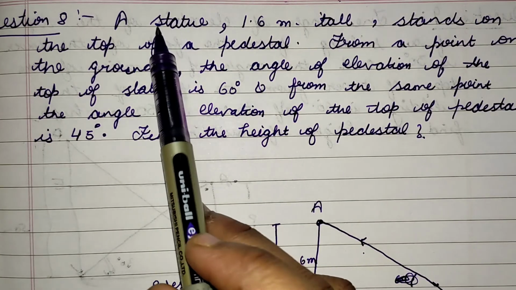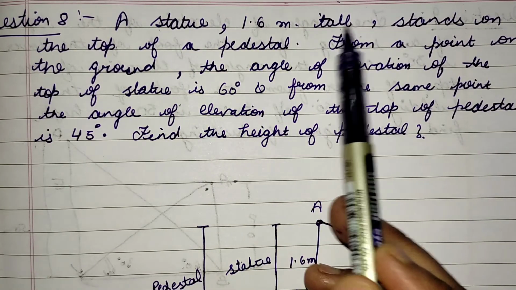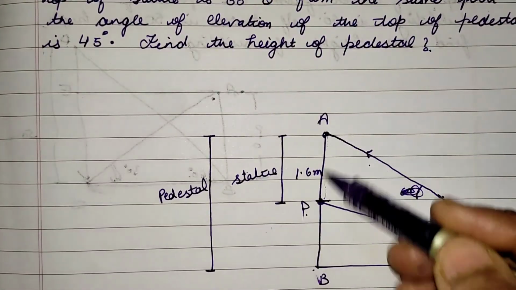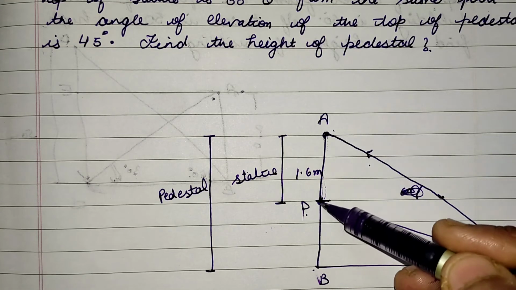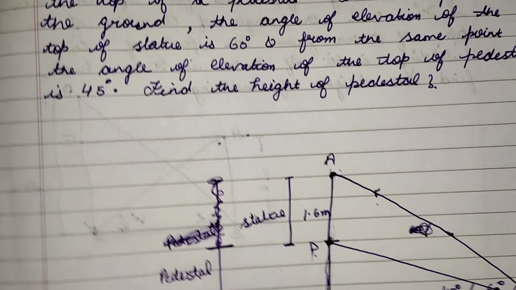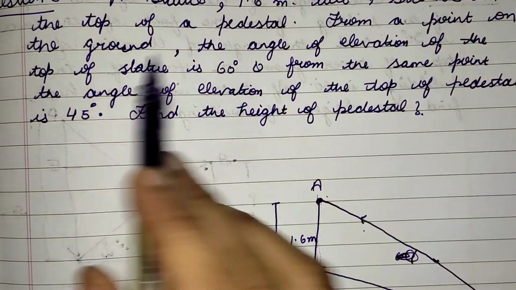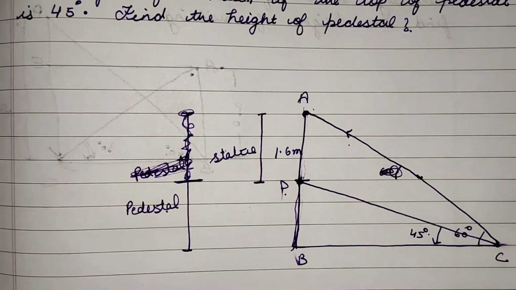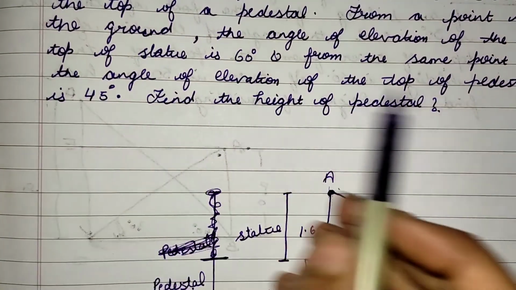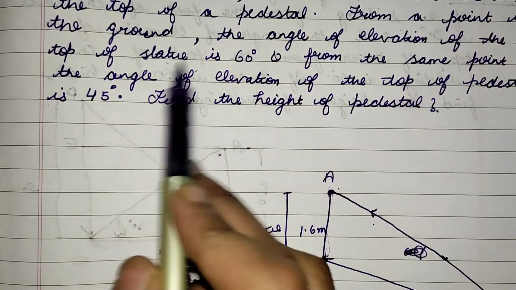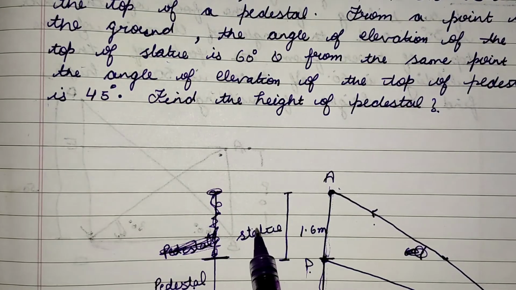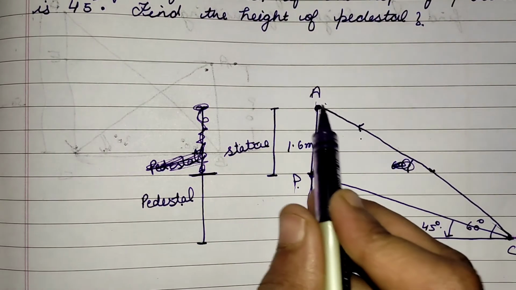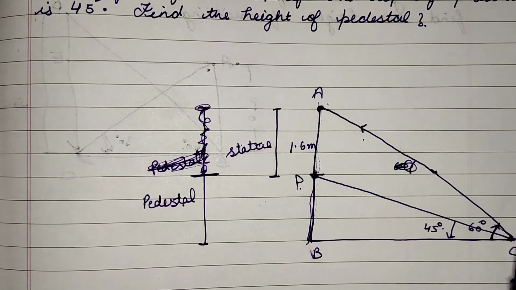Question number 8 says what? A statue 1.6 meter tall stands on the top of the pedestal. So there is a statue 1.6 meter tall which is standing on the pedestal. It is given to you that from a point on the ground, so there is any point on the ground, let us say that this point is C. The angle of elevation of the top of the statue is 60 degree. So the angle of elevation at the top of the statue is given to me equal to 60 degree.